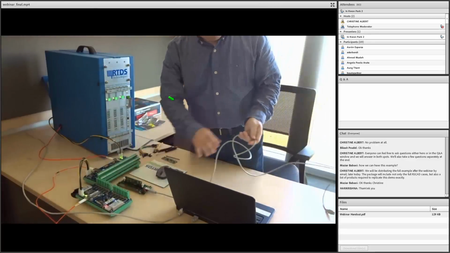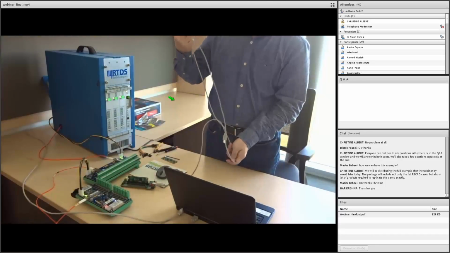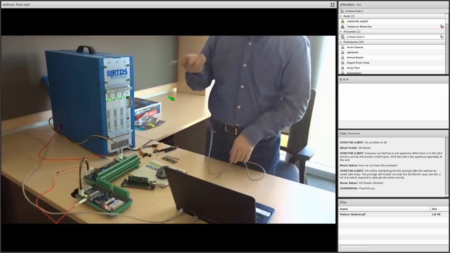What I'm trying to do is make the USB connection between the board and my laptop computer.